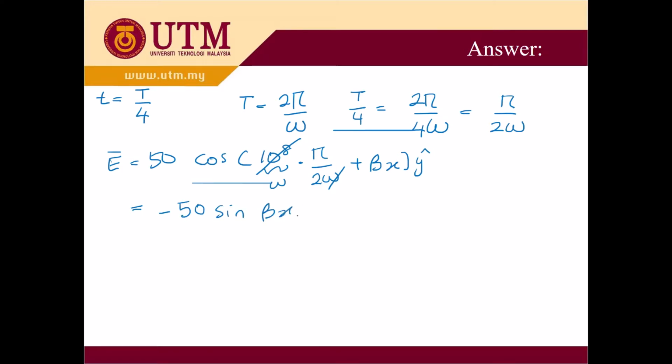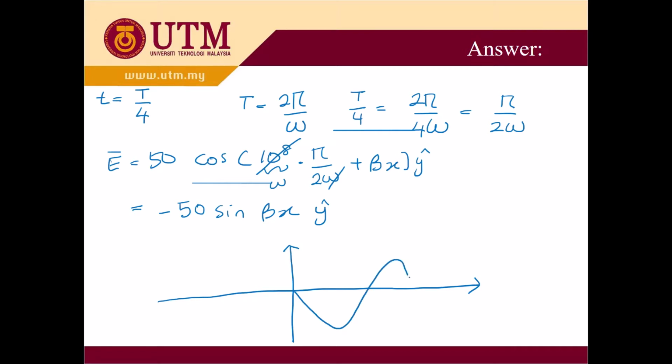This is a trigonometry identity. So it's simpler to sketch if we just sketch the sinusoidal graph. Negative 50 is basically going down before it goes up, something like this.